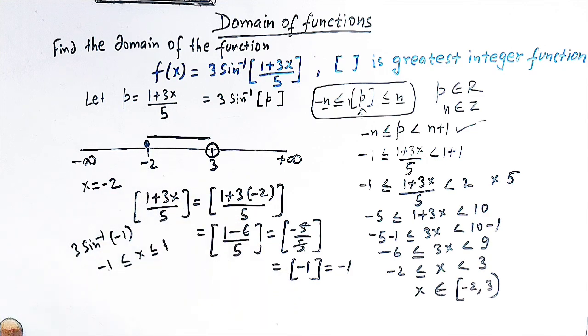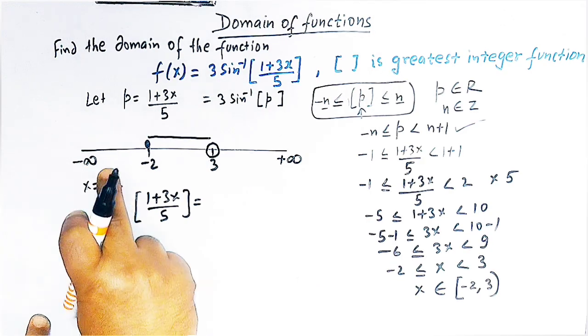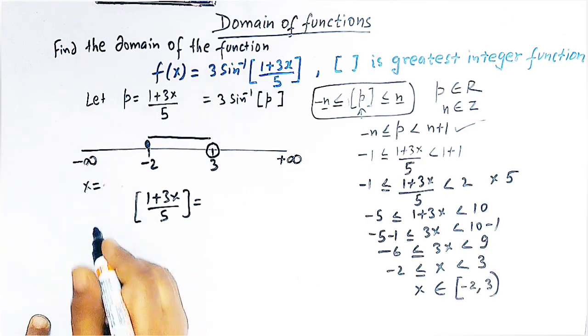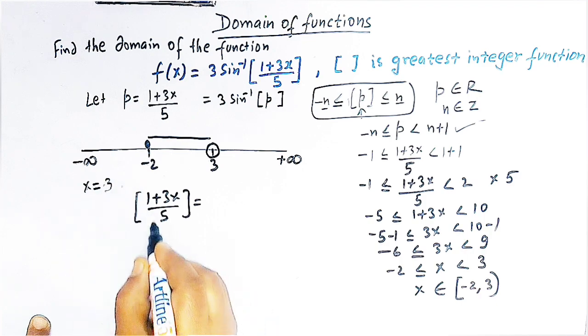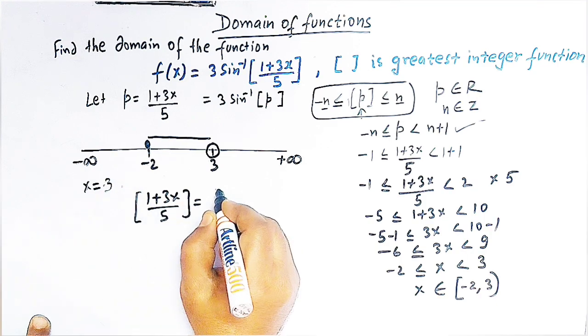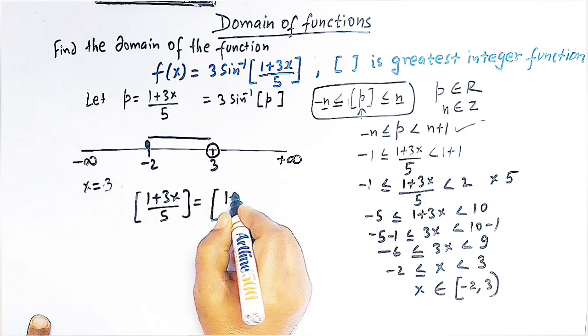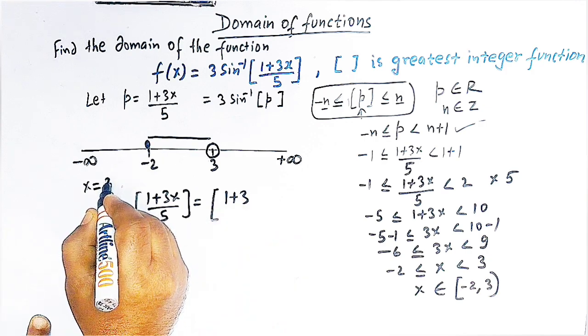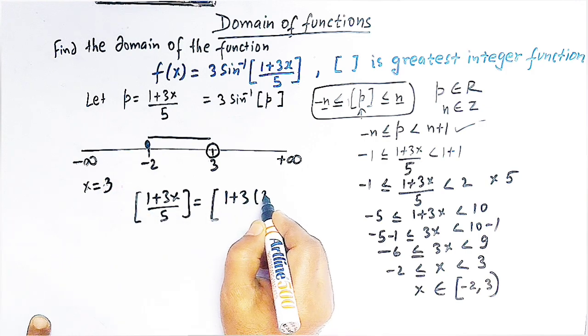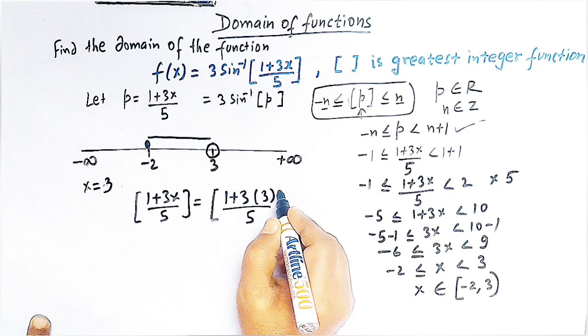Now let us take x is equal to 3. So taking x is equal to 3, here we have 1 plus 3 times 3 over 5.